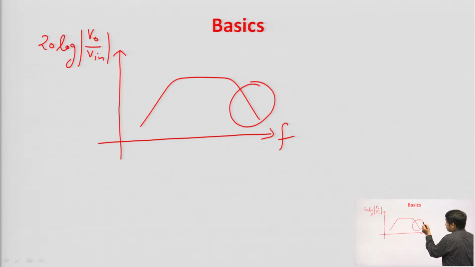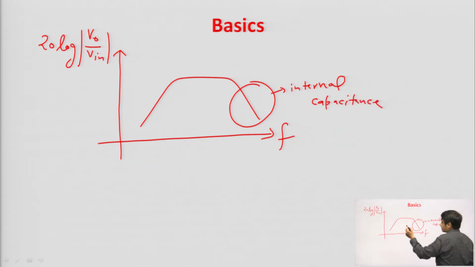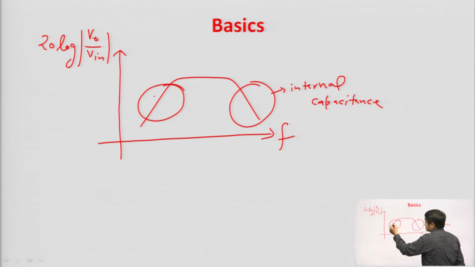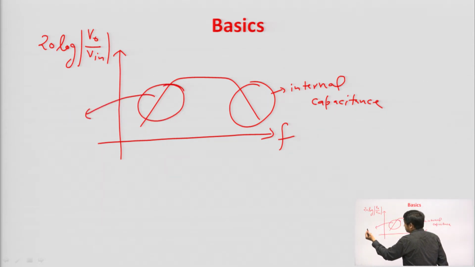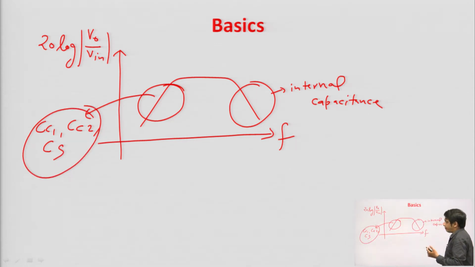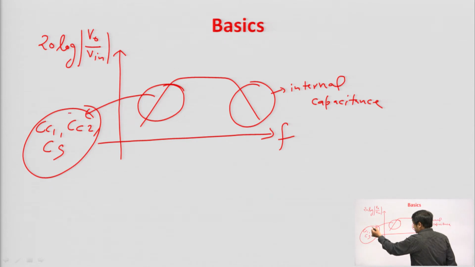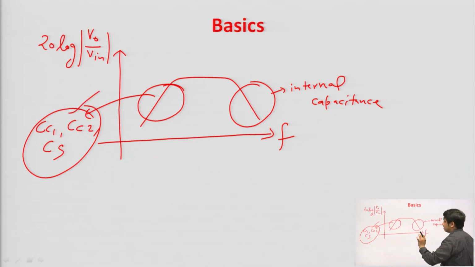The gain is reduced at high frequency due to internal capacitances, that is also called parasitic capacitance. And at low frequency the gain is reduced due to external capacitors, for example, coupling capacitors CC1, CC2 and your bypass capacitor. And for all amplifiers, whether it is discrete circuit amplifier or integrated circuit amplifier, the gain is reduced at high frequency.